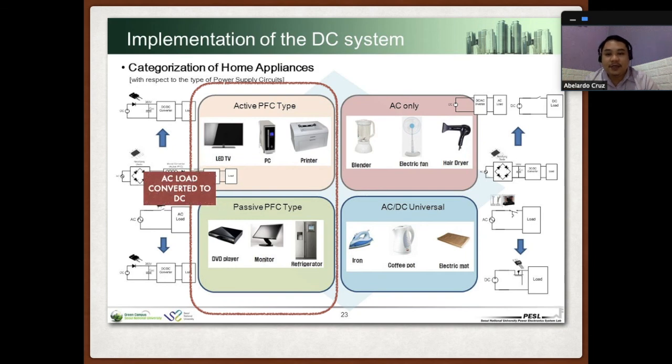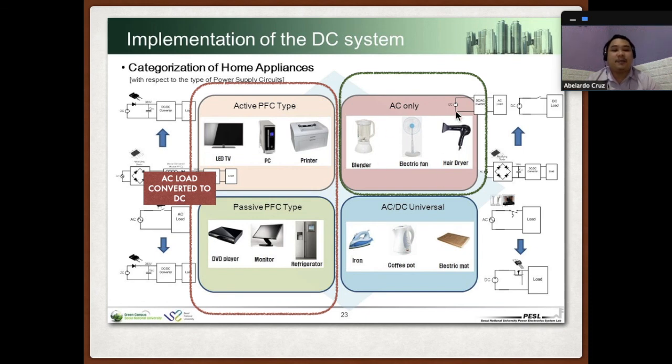So meaning to say, when we have this AC load, there are devices that need to be converted to DC. We have here refrigerators, monitors, DVD players, printers. So from AC load, the electricity must be converted into DC.